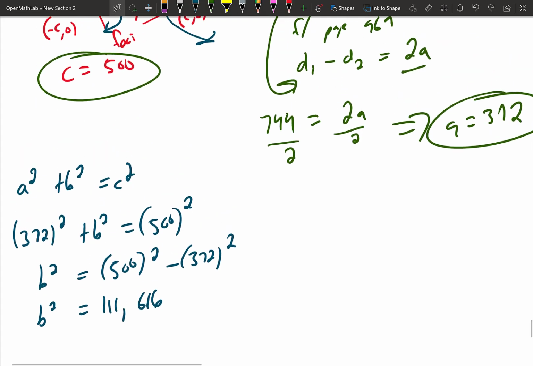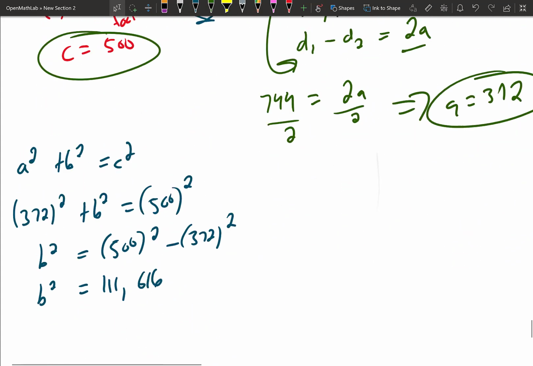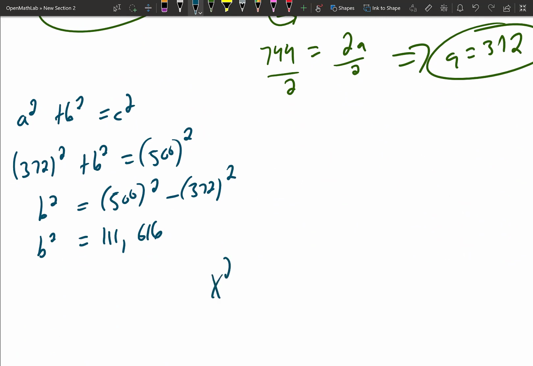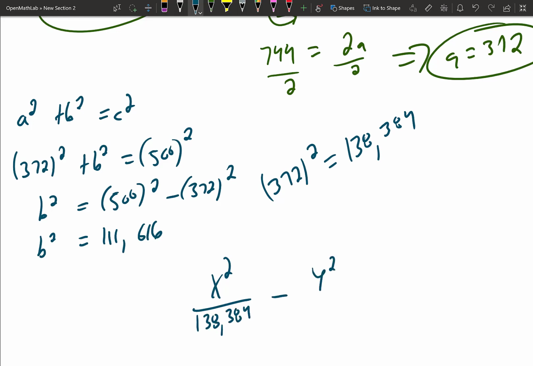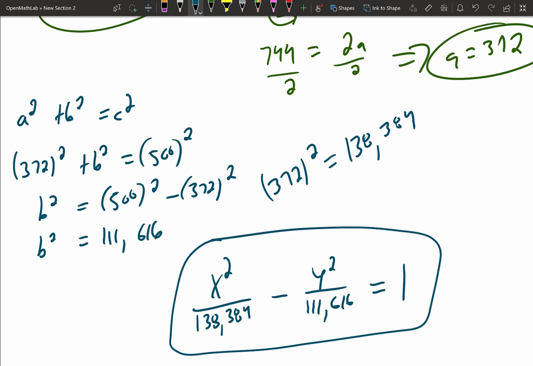Right, so then I just need to fill in the values into my equation. So we would have x squared over a squared, which would be 372 squared. So 372 squared is equal to 138,384. Right, so I can fill that value in here. Then we'd have minus y squared over b squared, which is 111,616, and that's equal to 1. So there's the equation for that hyperbola, right?